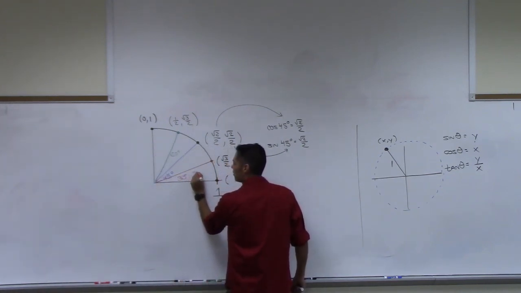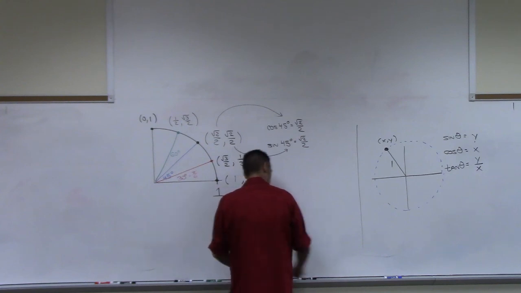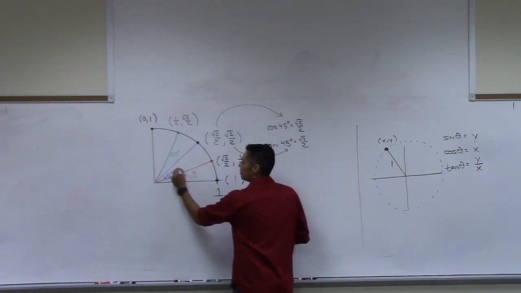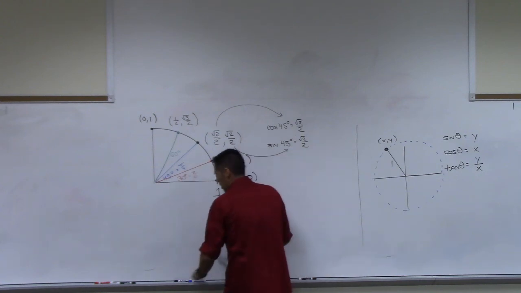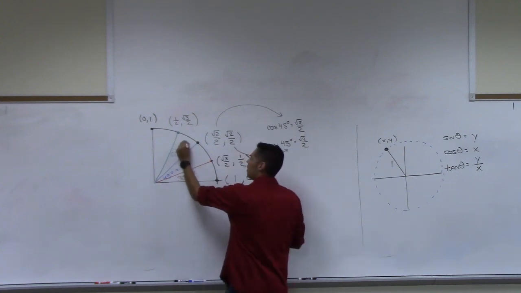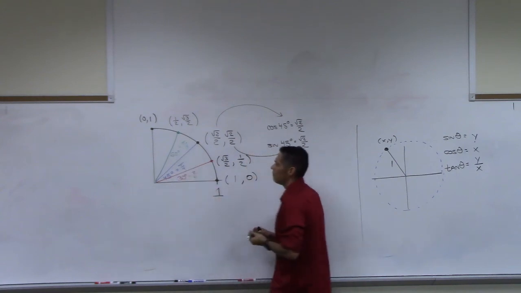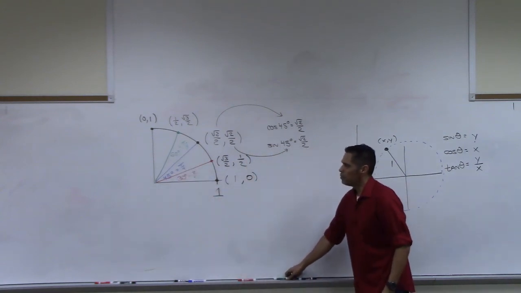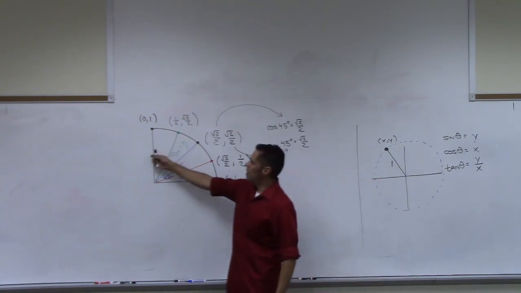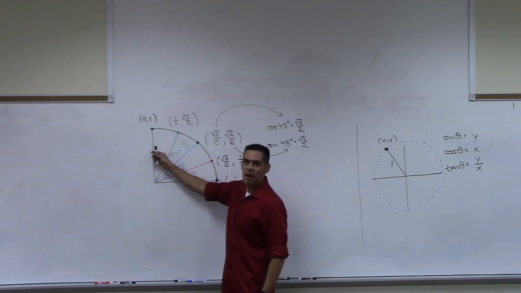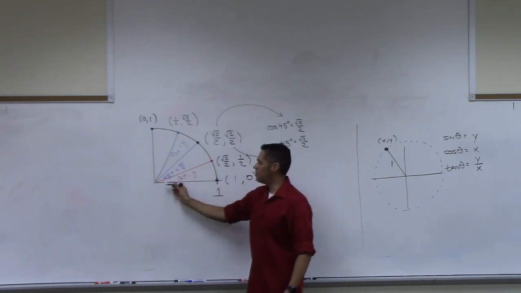This could have been pi over 6, right? 45 is pi over 4. And 60 degrees is what? Pi over 3. And of course, straight up is what? 90 or pi over 2. And then this is 0.